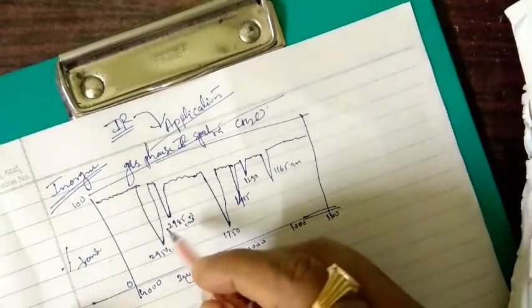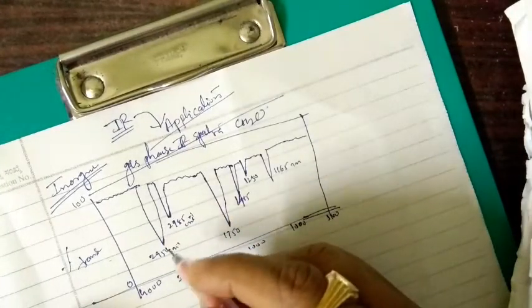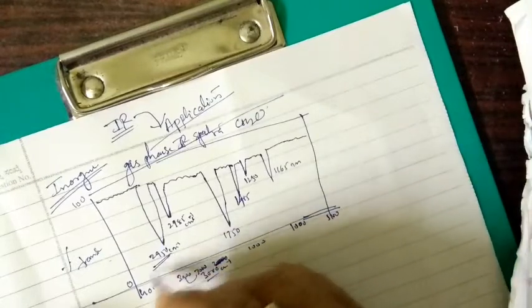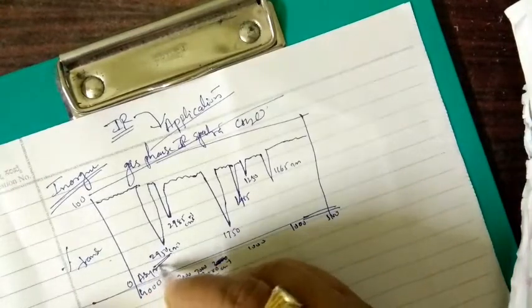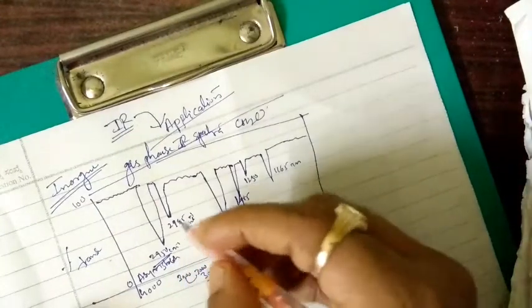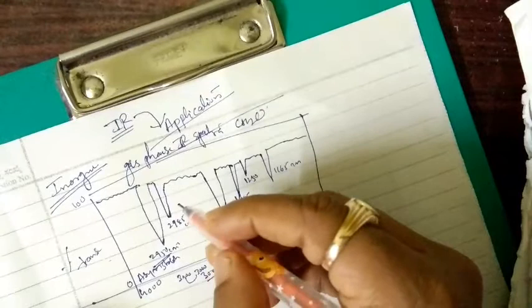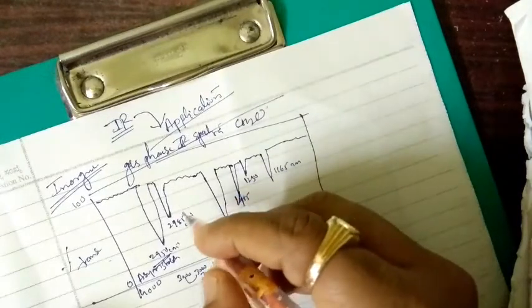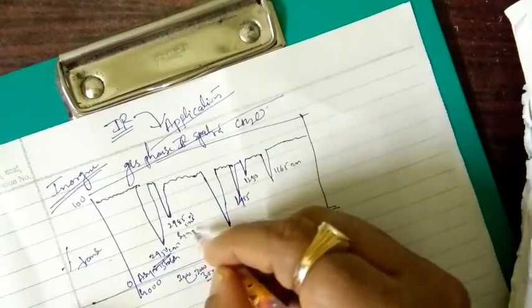The 2950 is because of the asymmetric stretching of the CH bond, and the 2985 is because of the symmetric stretching.